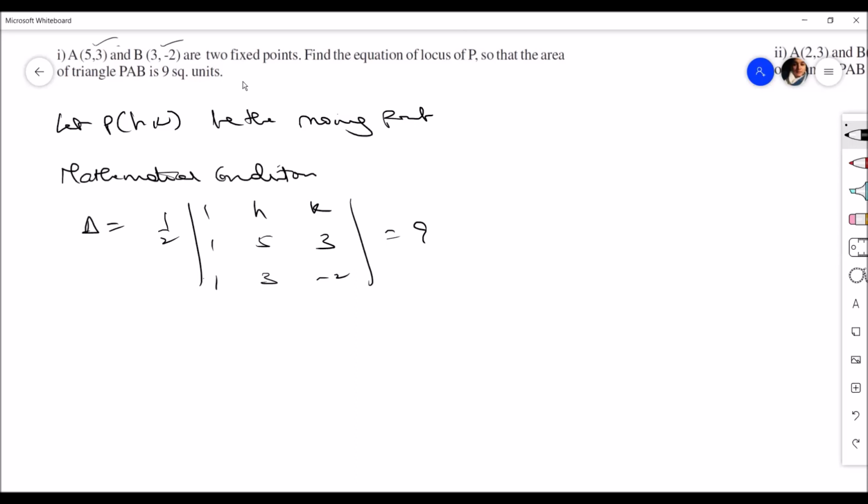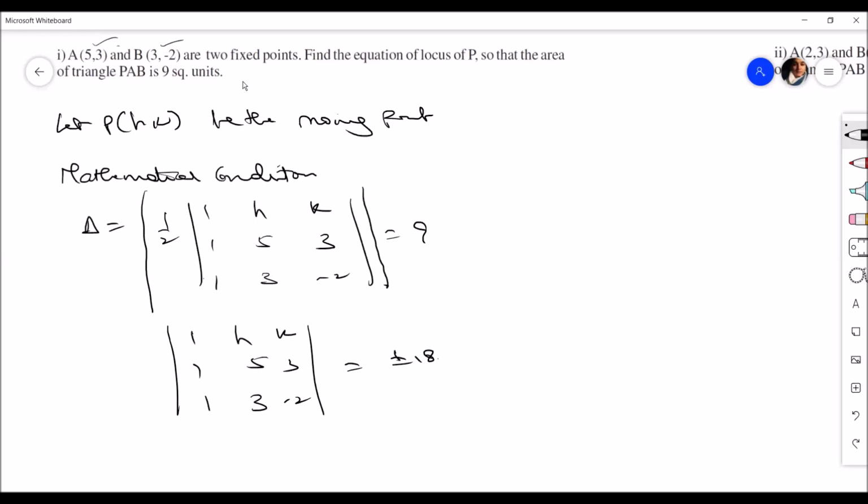So what happens is half into det of, in fact, this half also I can send it on the other side. So det of 1 1 1, HK, 5 3, 3 minus 2 is equal to plus or minus 18. Did you understand why I have come up with a plus or minus? Because there is actually a modulus here which I did not write, right?